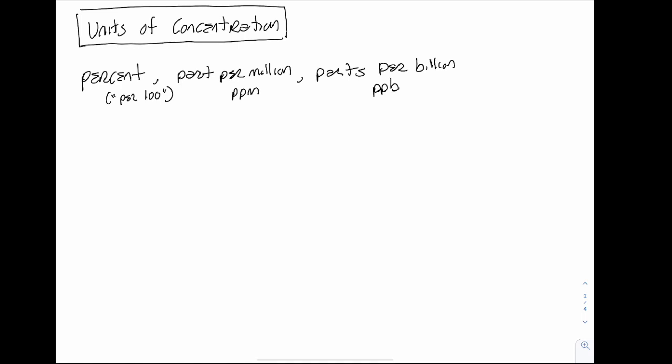So percent is parts per 100, parts per million is parts per million, parts per billion is parts per billion. The reason I'm making a big deal out of this is that we're going to set them all up the same. It's just that if it's percent, I'm going to multiply by 100 when I'm done with the fraction. If it's parts per million, I'm going to multiply by a million, or 10 to the 6. If it's parts per billion, I'm going to multiply by a billion, or 10 to the 9th.